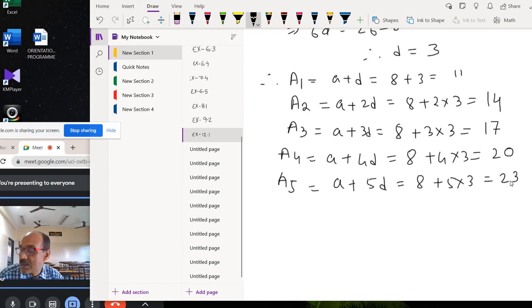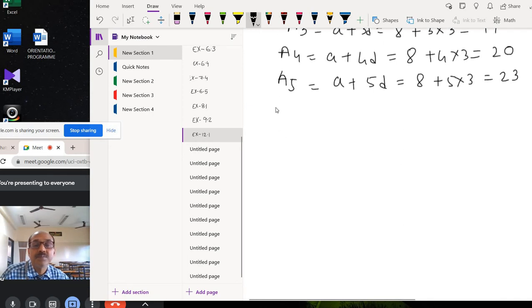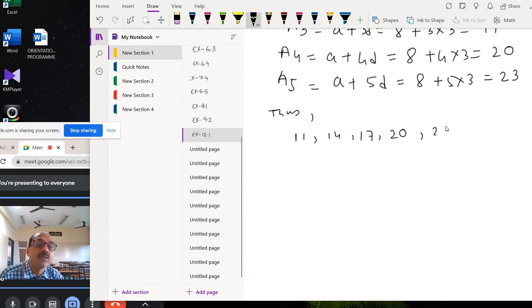Therefore, the 5 numbers are 11, 14, 17, 20 and 23.